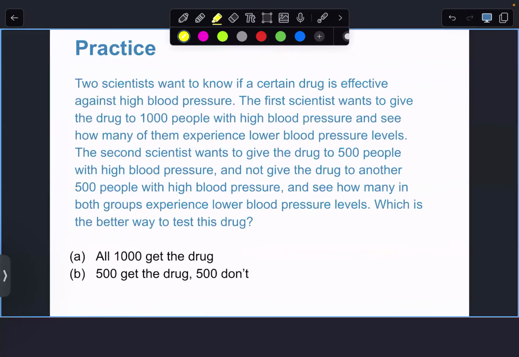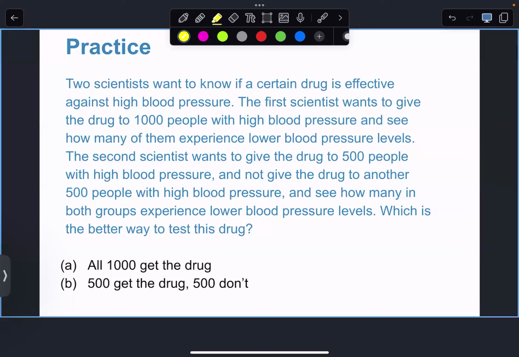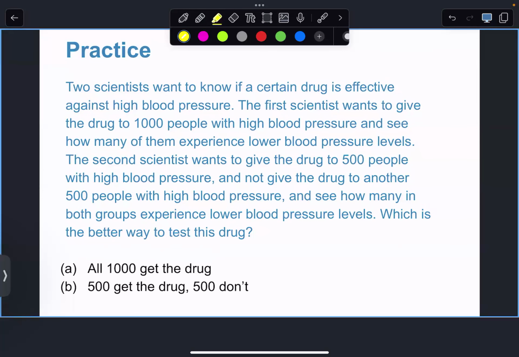This description is kind of long, and it makes you think that we're supposed to do something else, but really what we want to know is how well people understand sampling and proper sampling. Two scientists want to know if a certain drug is effective against high blood pressure. The first scientist wants to give the drug to 1,000 people with high blood pressure and see how many of them experience lower blood pressure levels.